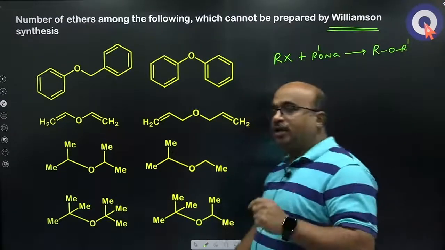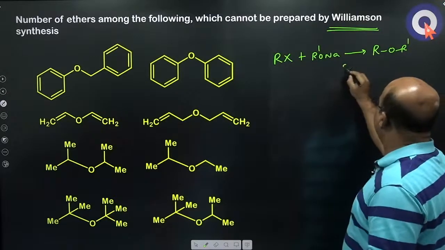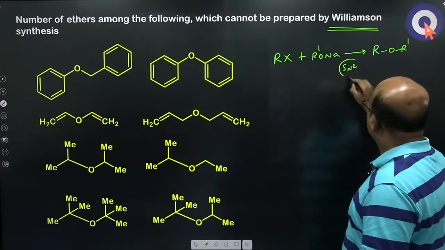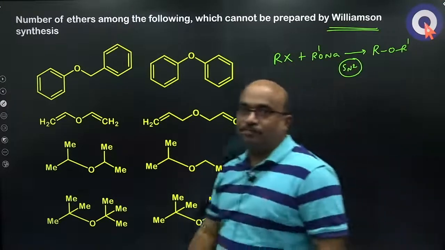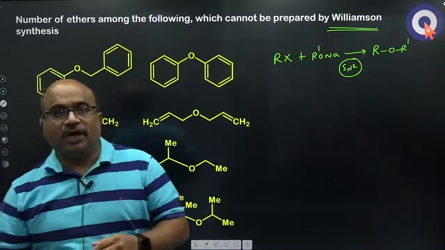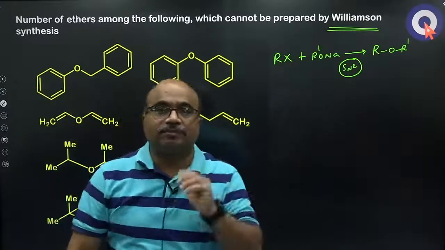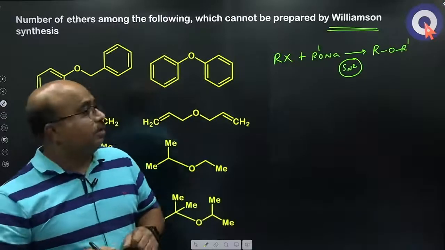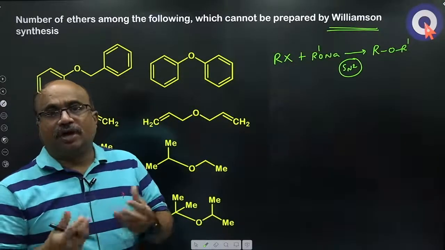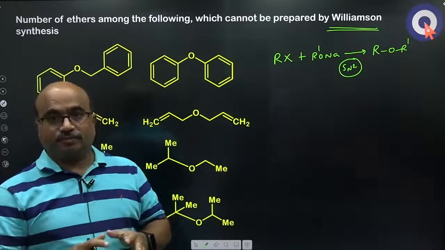But the reaction proceeds by SN2. So which reactions will be favored by SN2 is an important thing. So which will favor? Your alkyl halide should be less bulky.